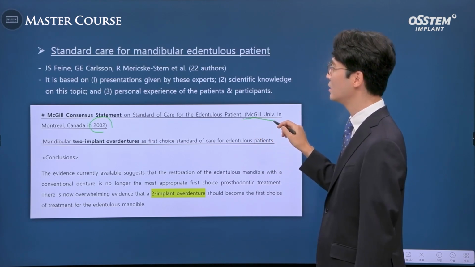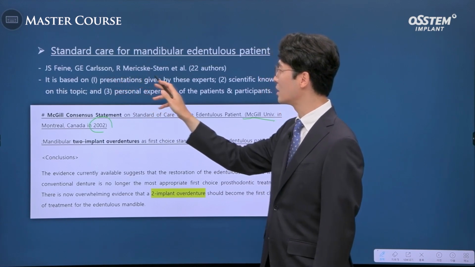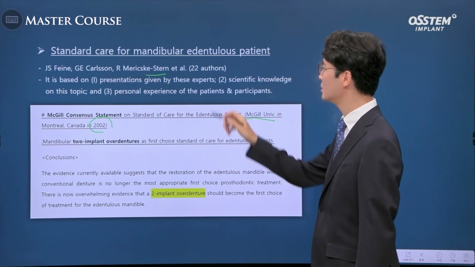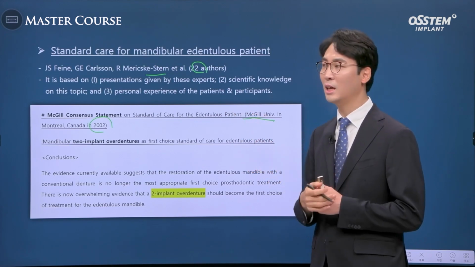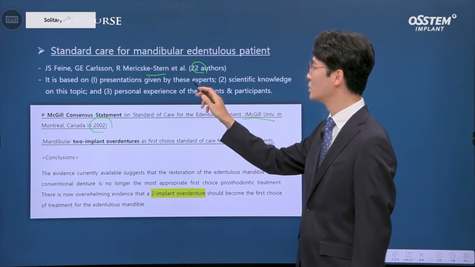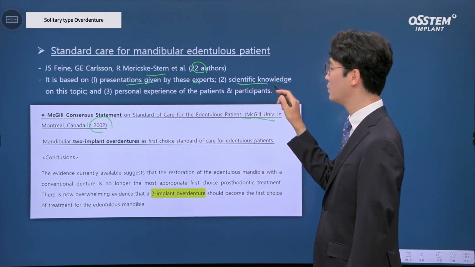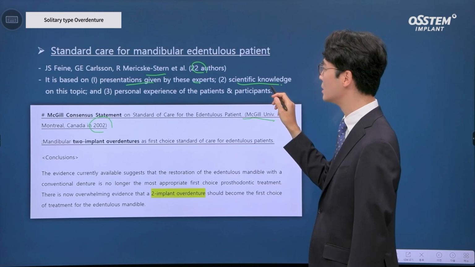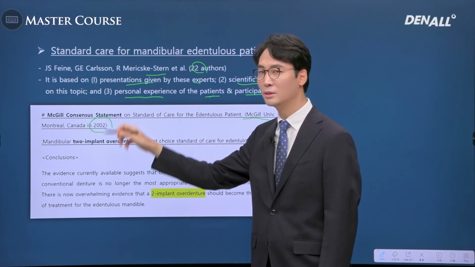In 2002, at McGill University, Montreal, Canada, there was a consensus meeting. 22 prominent speakers, including Gunnar Carlson and Rikiston, gathered and talked about the fully edentulous case in the lower. Various presentations and scientific evidence were produced, and based on the various experiences of the participants, there was a consensus report.